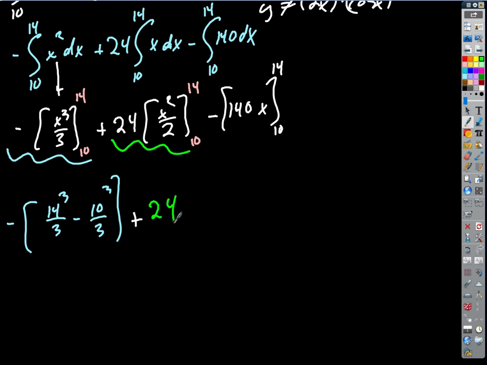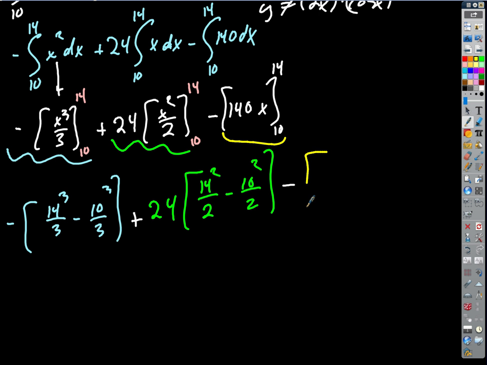I'm going to get 24 times the value of this at 14 minus the value of that at 10. So I get 14 squared over 2 minus 10 squared over 2, right? Minus 140 times 14 minus 140 times 10.